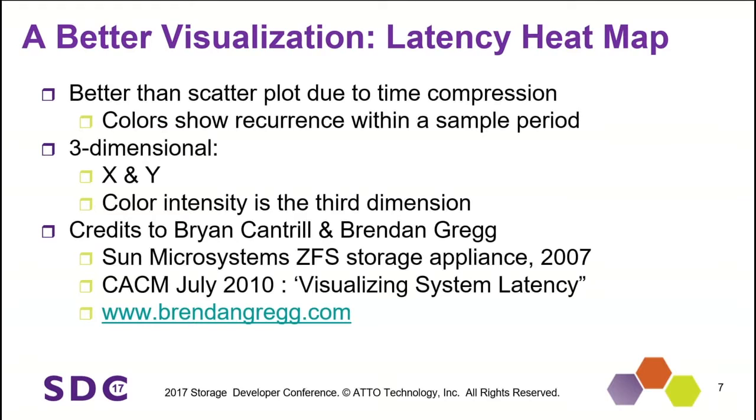It does time compression, but you're still getting slices, so it's not just a big average. The colors show a recurrence of the same number within a sample period. So you have your X and Y, but the color intensity is the third dimension.